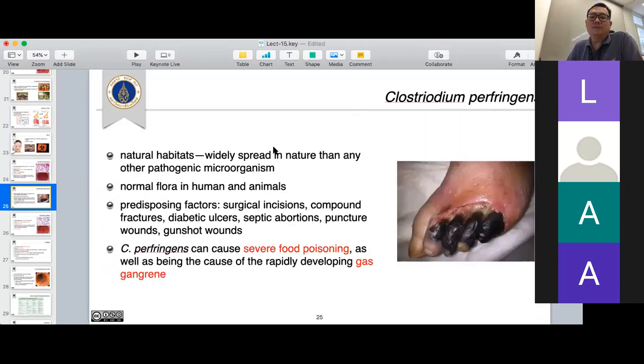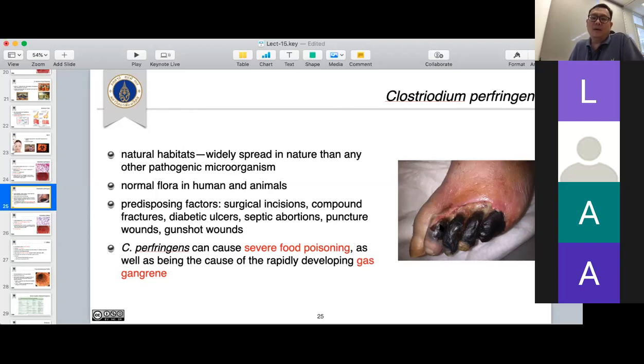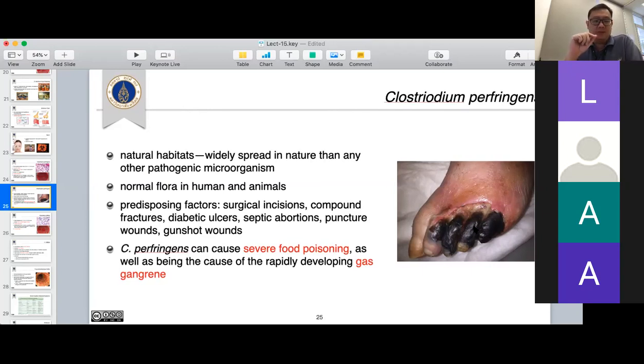Perfringens causes gas gangrene when you get a wound. A wound happens by trauma, accident, or operation. If the doctor or the healthcare staff does not take it very seriously, perfringens will infect. Perfringens can consume sulfur, which makes the wound turn black.